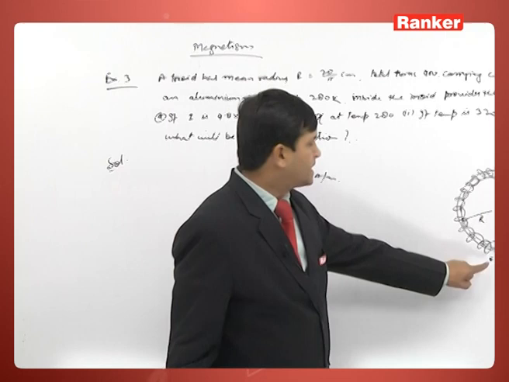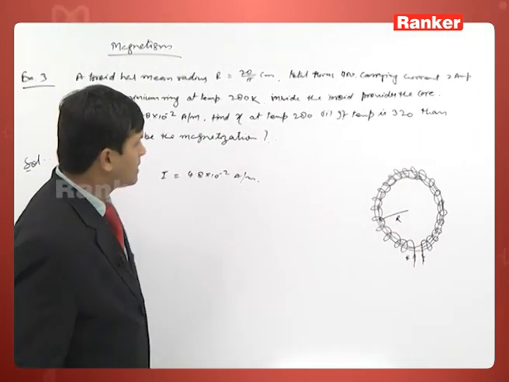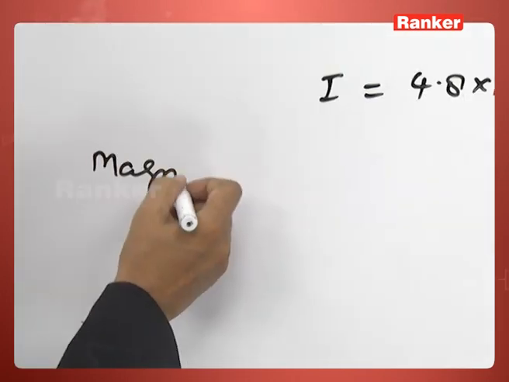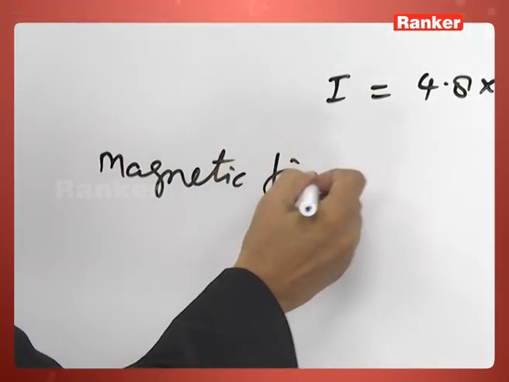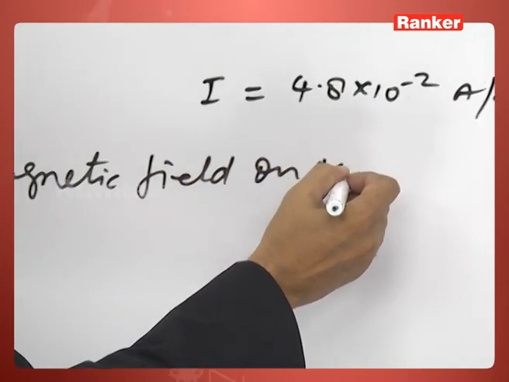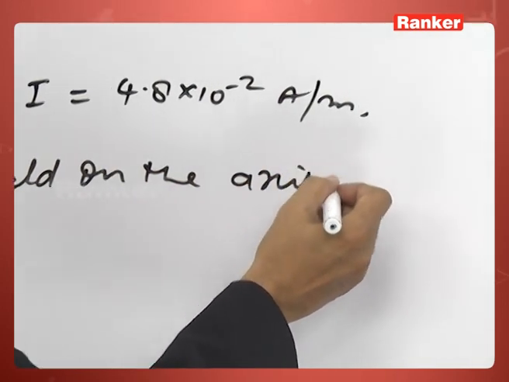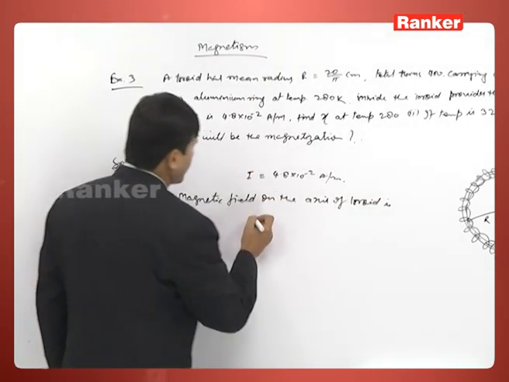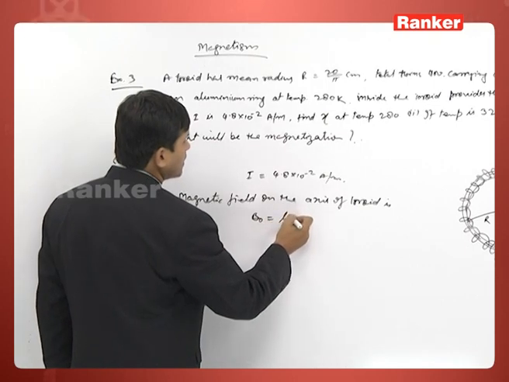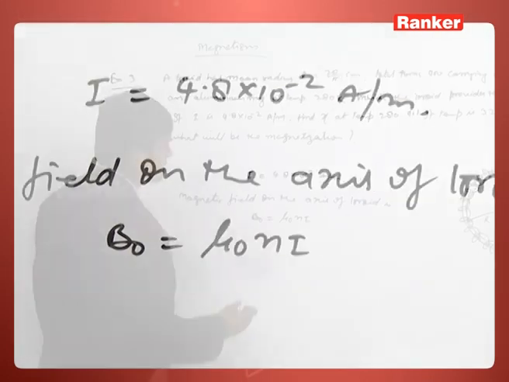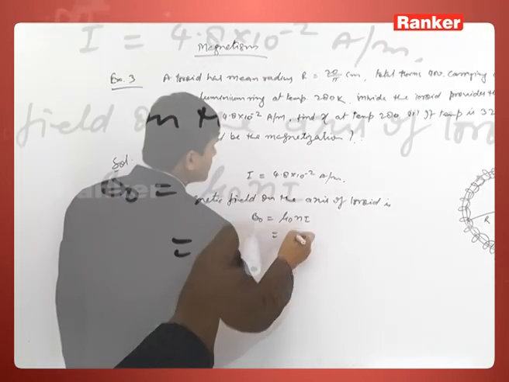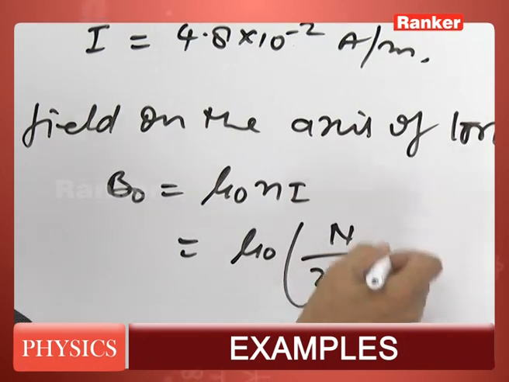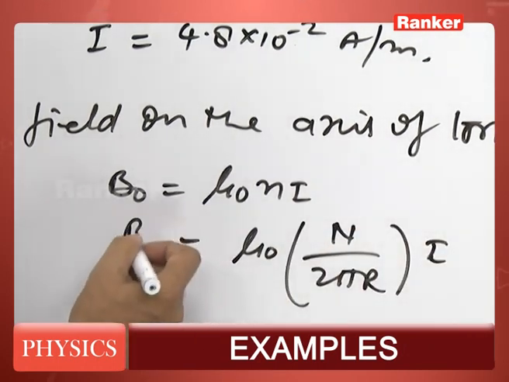So due to this current, what is the magnetic field on the axis of toroid? The magnetic field is B naught equal to mu naught N i, which is equal to mu naught n, number of turns per unit length, N by 2 pi r, into I. This is the B naught.